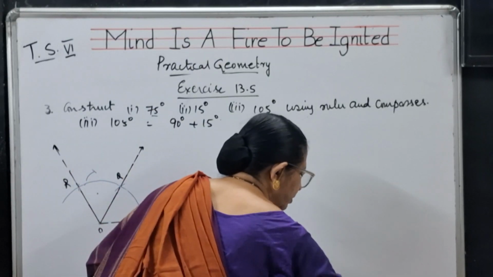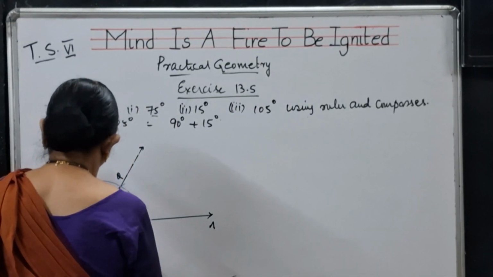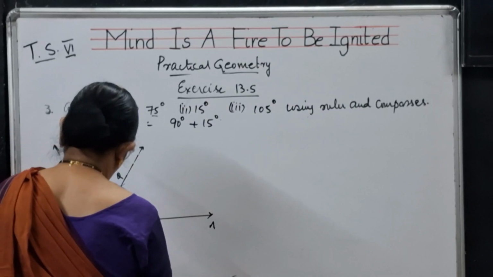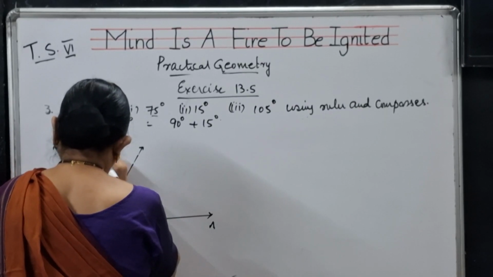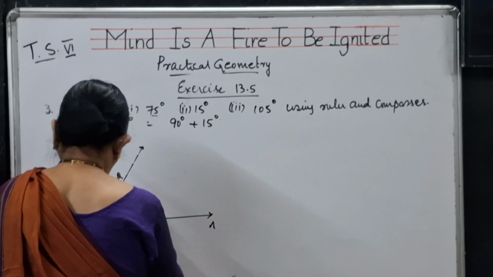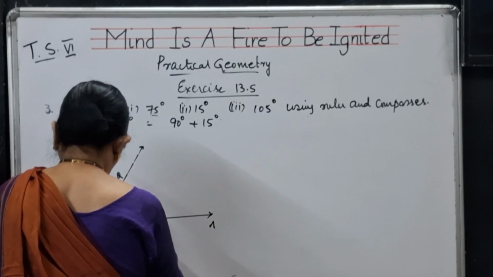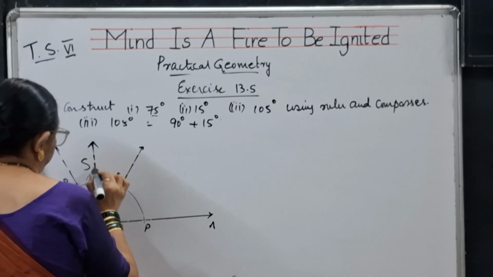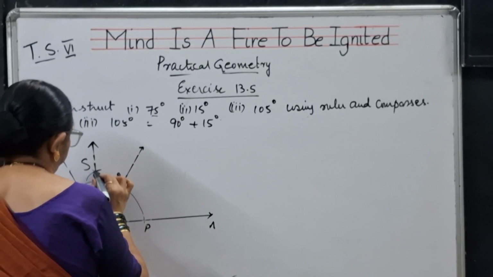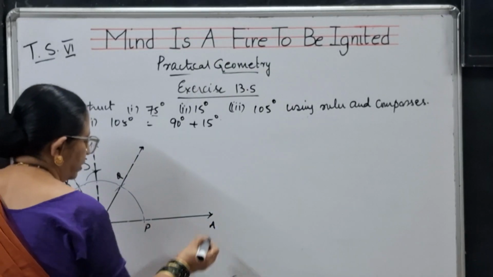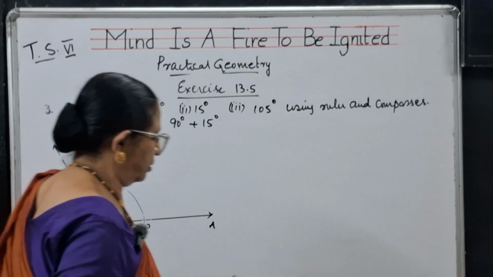So these two arcs are extended. This is the point. Yes, OA is 90 degrees.